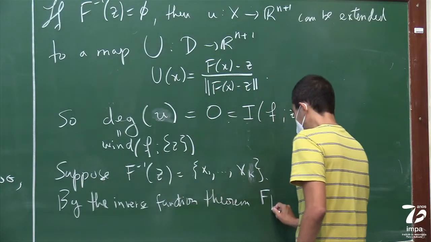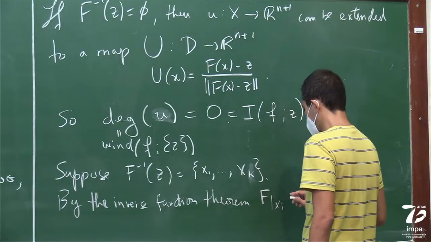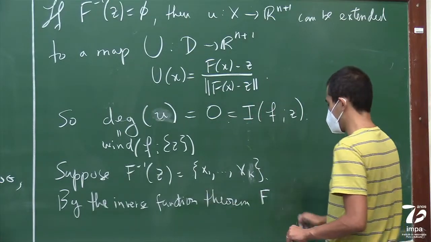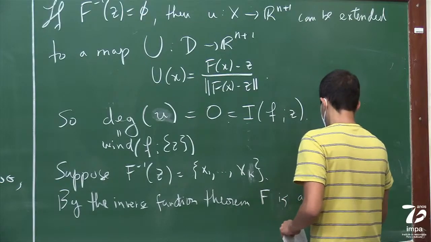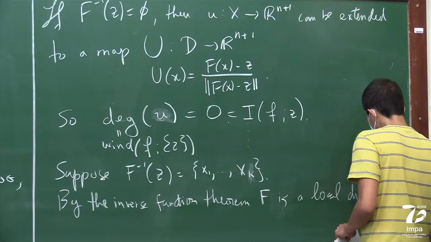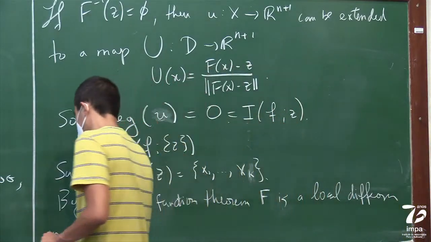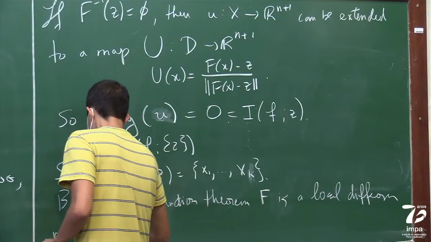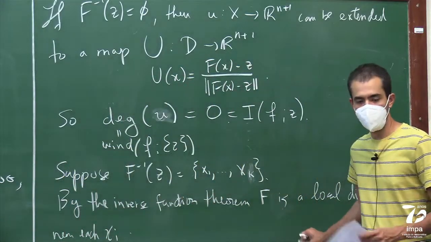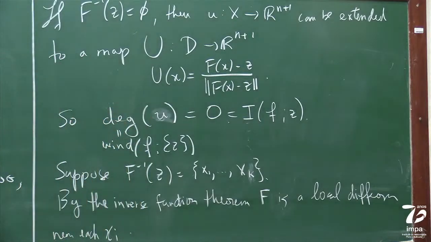So by the inverse function theorem, F is a local diffeomorphism near each xi. That means you can find neighborhoods of xi that are all disjoint.